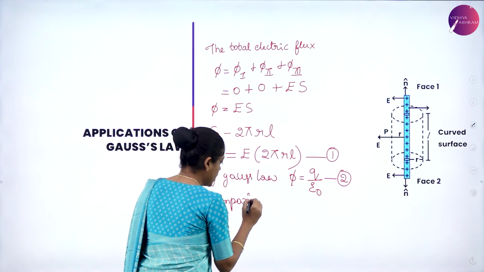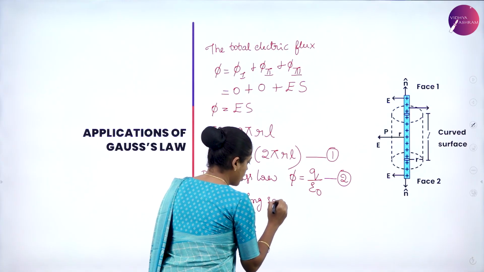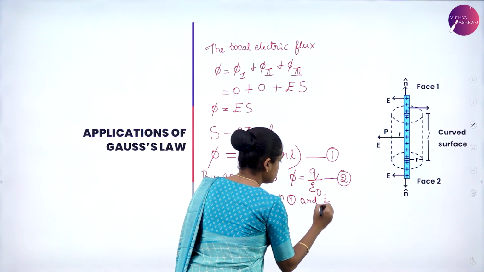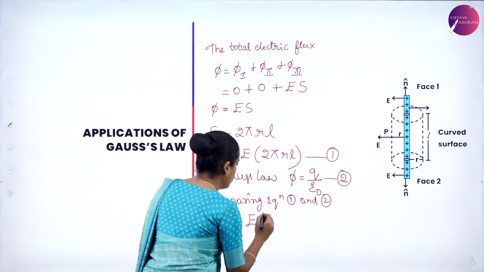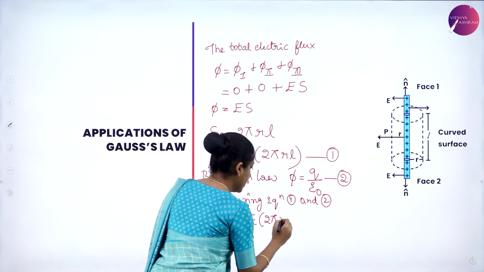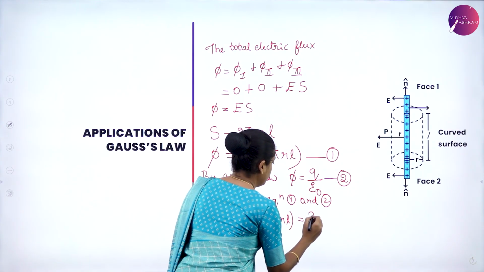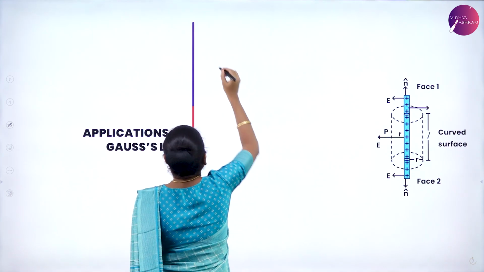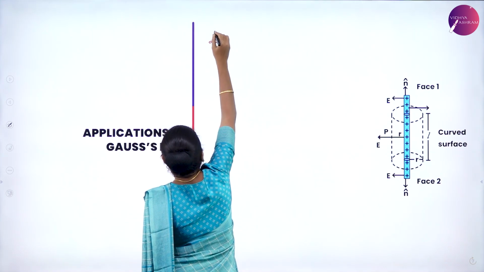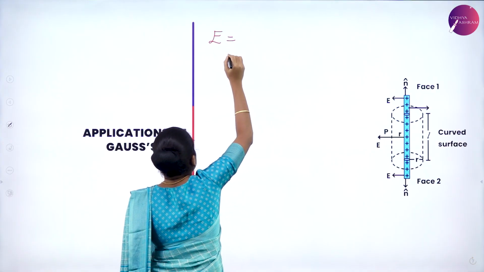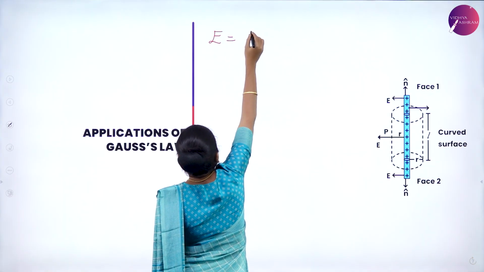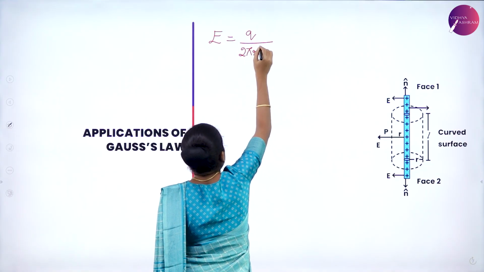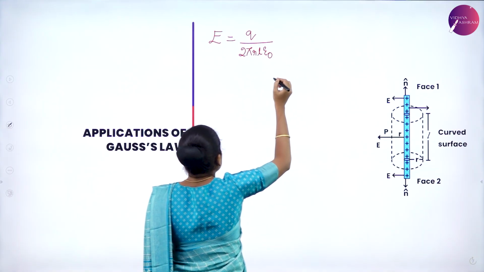Comparing equations 1 and 2, E 2 pi RL is equal to Q by epsilon naught. The next step is to arrange the expression in terms of E, then you get E is equal to Q by 2 pi RL epsilon naught.